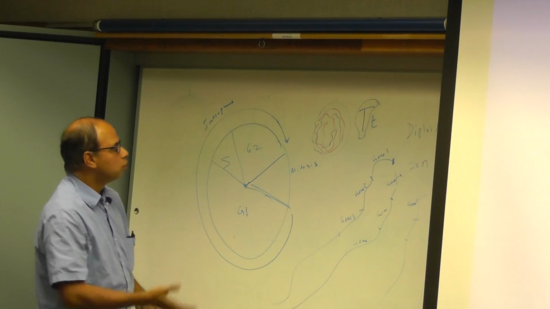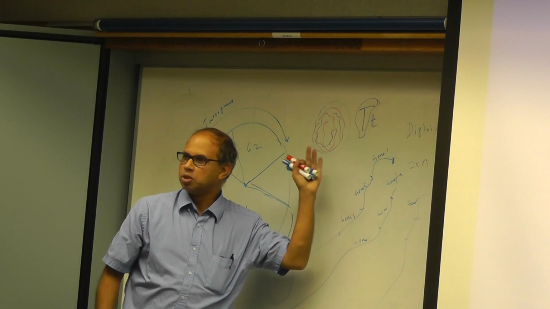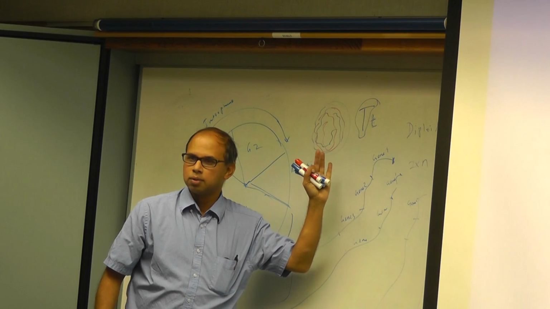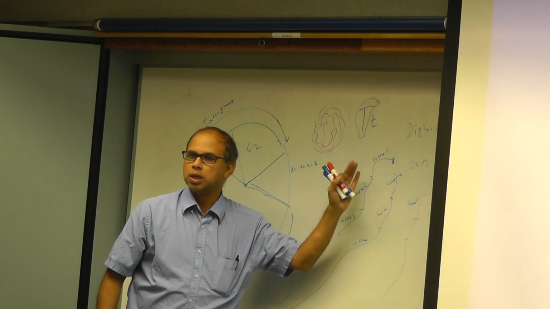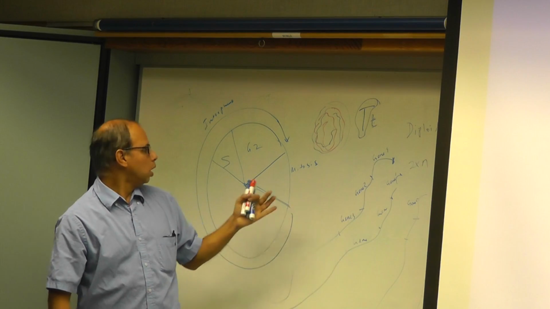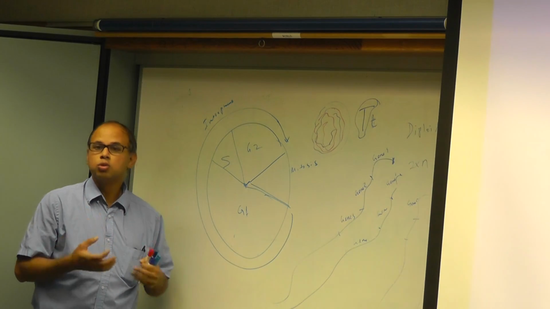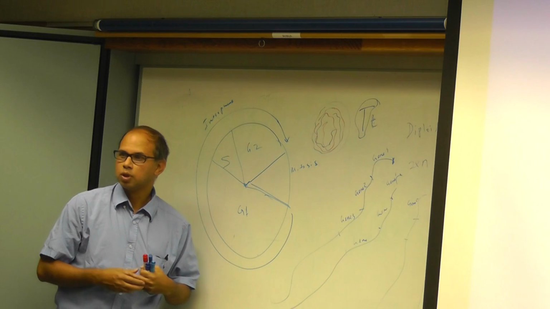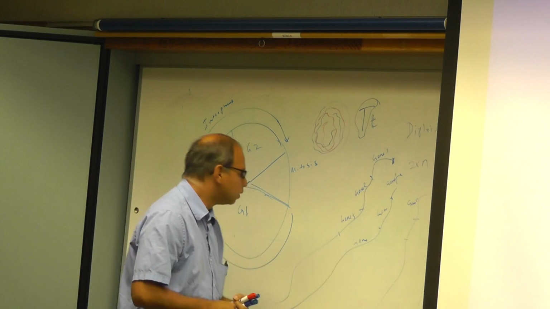Now, what you have to do is make exact copies of this. And the way this happens is very, very fascinating. You get to realize that your cells are so sophisticated. They are just amazing, the way they do this.